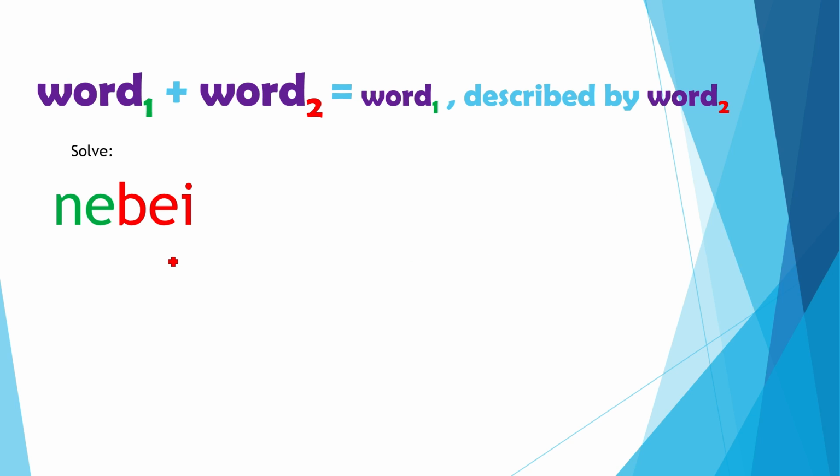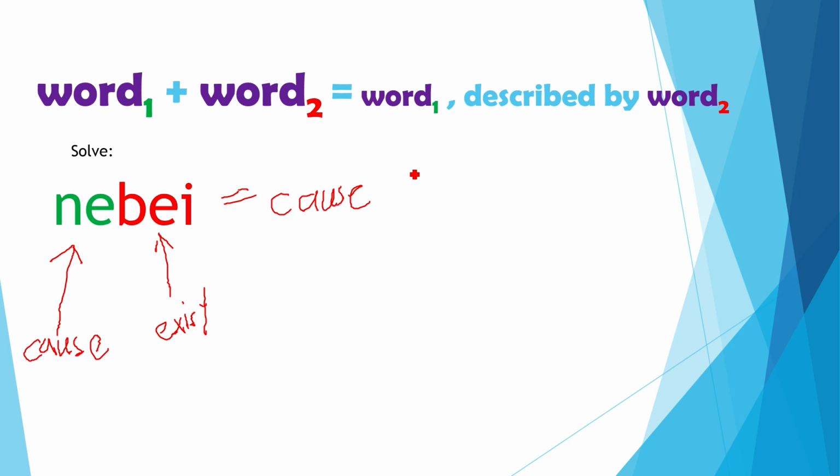Okay, one more example. Again, we have two verbs together. Ne means cause, and be means to exist. So nebe equals cause, right? And then you just ask yourself, what kind of cause?